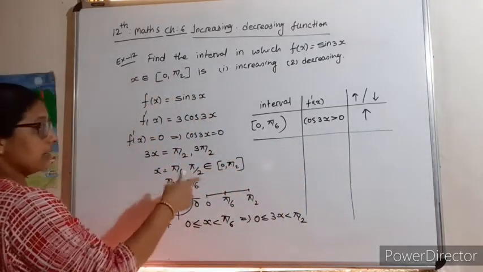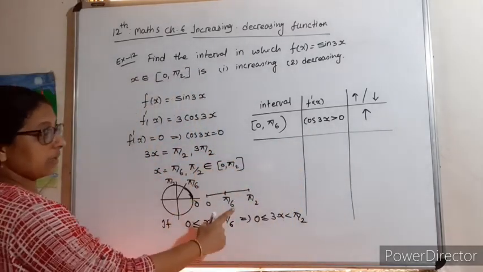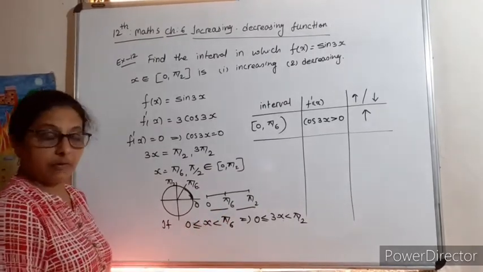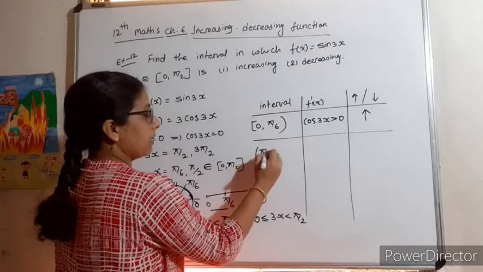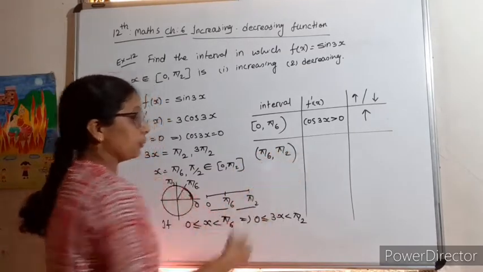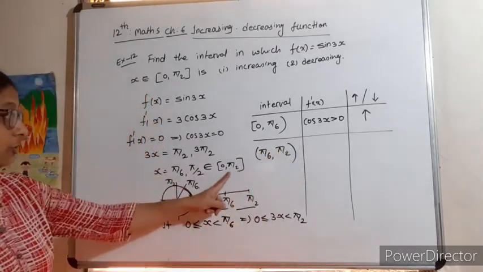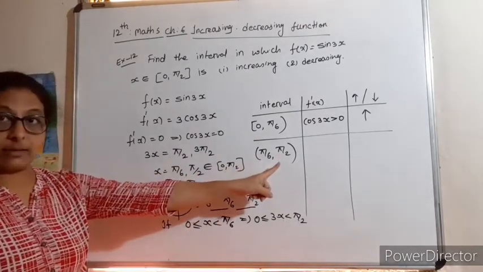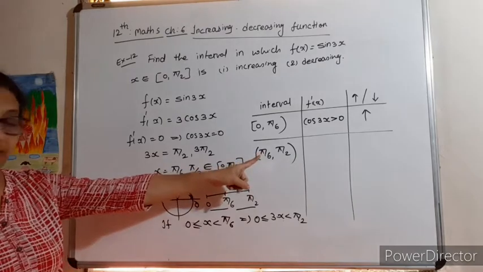When we take the next interval, our next interval is pi by 6 to pi by 2. This is the first and this is the second interval. So open interval pi by 6 to pi by 2. Pi by 2 is also open because it is also 0, we cannot take it. That is a terminal point, right? Okay.